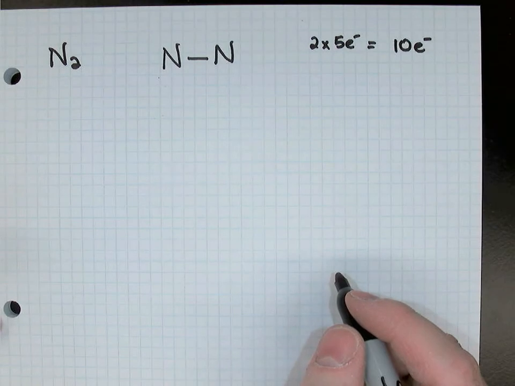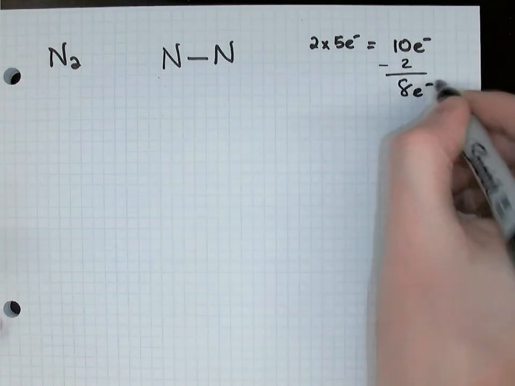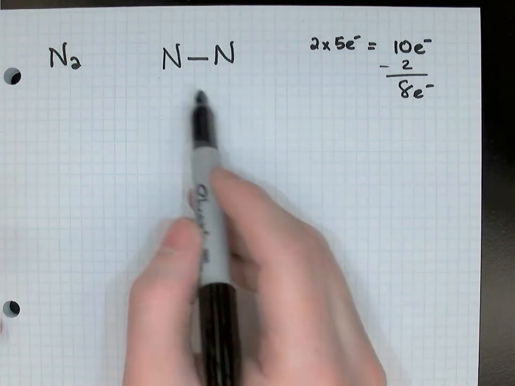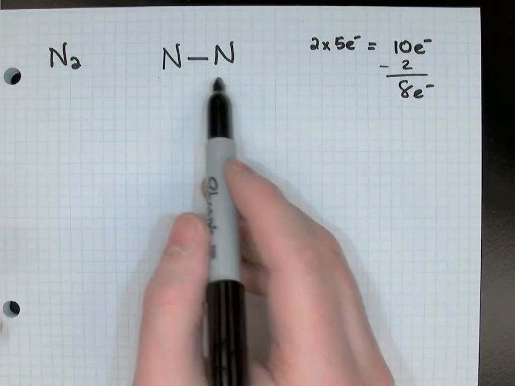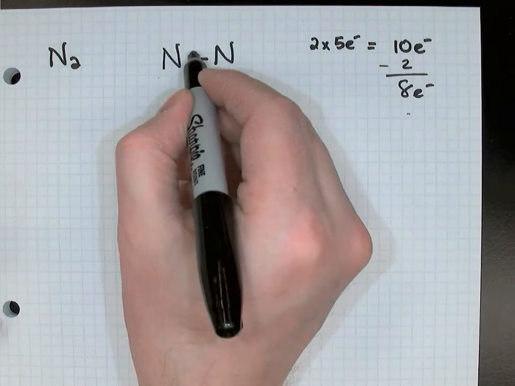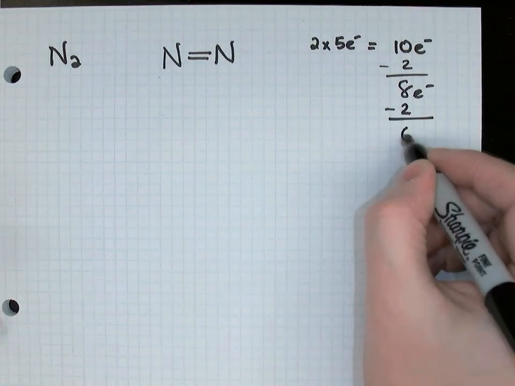We've already used up 2, so we have 8 electrons remaining. Each nitrogen needs 6 more, so we need 12 more electrons, but we only have 8. So that's a sign to start putting in higher order bonds. We'll start with a double bond. So we'll take away 2 more. We have 6 electrons left.